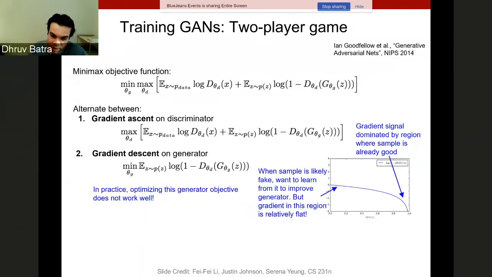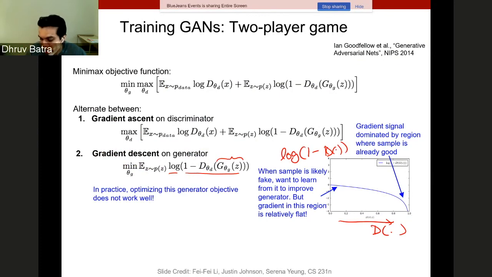It turns out that one immediate optimization problem that people noticed was with the plot of log of 1 minus D. Even if you forget D of G, if on the x-axis you just have some probability that goes from 0 to 1, and on the y-axis you plot log of 1 minus that probability, the function looks a bit like this, not exactly like this.